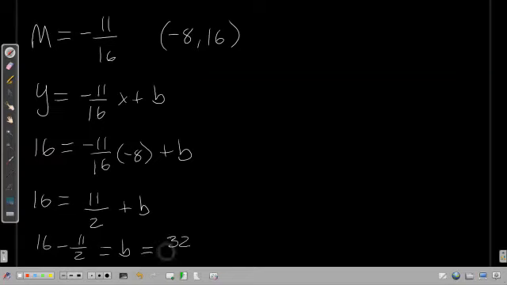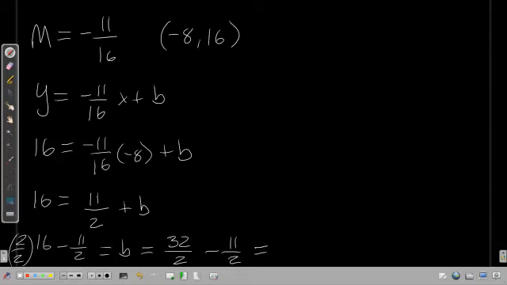16 is really the number 32 over 2. You can see that because you can multiply by 1 in the form of 2 over 2. So here is 16 right there, 32 over 2. I got 32 of those things minus 11 of those things, where those things are over 2s, whatever that means.